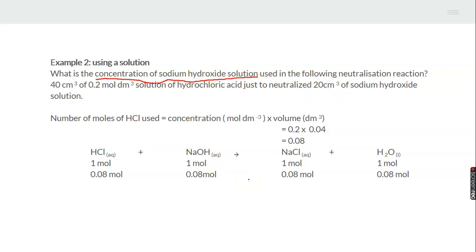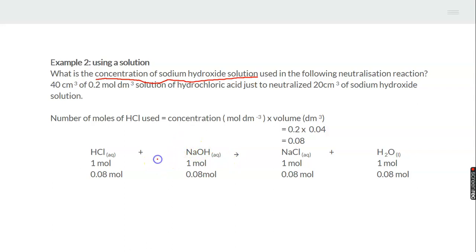It's a two-way thing. You can get it using your normal conventional molarity times volume. You know, molarity times volume is equal to number of moles, just from our normal formula. So molarity in mole per dm cube for hydrochloric acid. Don't forget, please always write the equation before you proceed, so you know the ratio of base to acid.